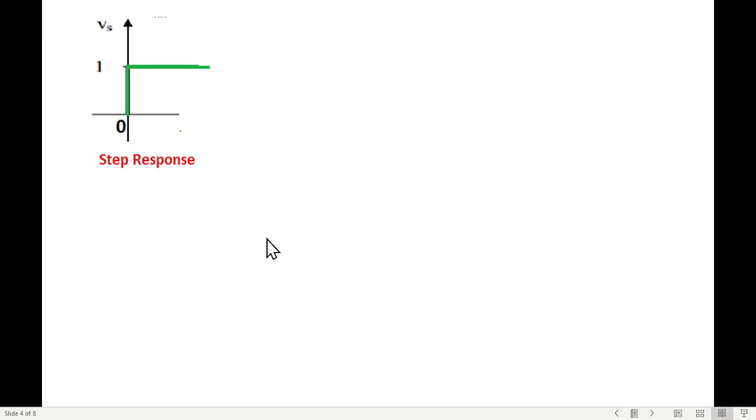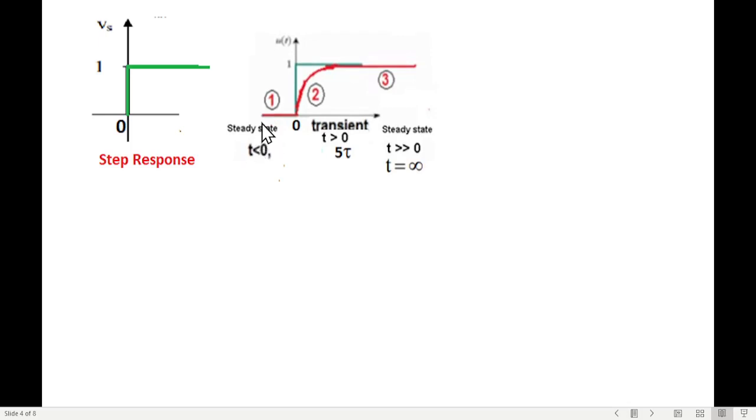Now let me recall what I have tried to explain in several of my videos. This is for a capacitor charging circuit, the step signal applied to a capacitor, and in that case the capacitor will charge gradually up to this point. Before this point it was steady state because no signal was applied, so this part is called the steady state part for t less than 0.